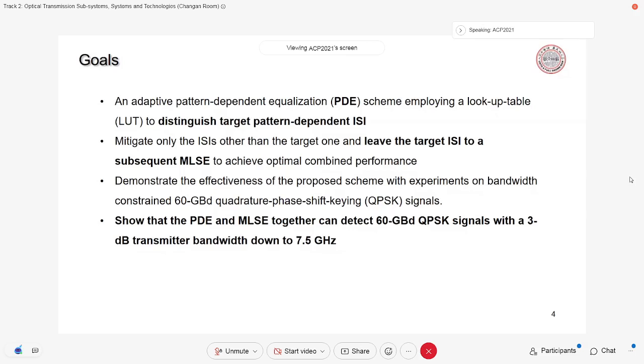And adaptive equalization still has a filtering structure. This kind of structure is not optimal for ISI mitigation. And then with that, we also want to show with experiments and not just simulation, right? To show the concept does work.